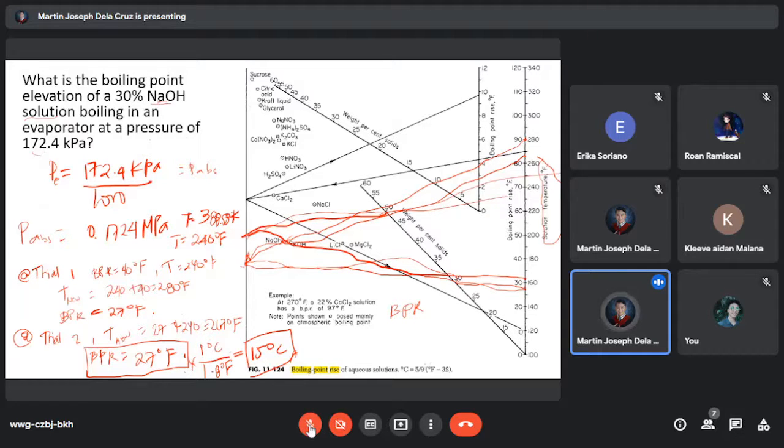Tapos, kung saan siya nag-meet, maglagay ka ng sign dyan, tapos i-intersect nyo sa 0.5. And since big yung boiling point rise, dito tayo mag-base, dito sa boiling point rise. Okay? So, what did you get? Nakuha nyo?